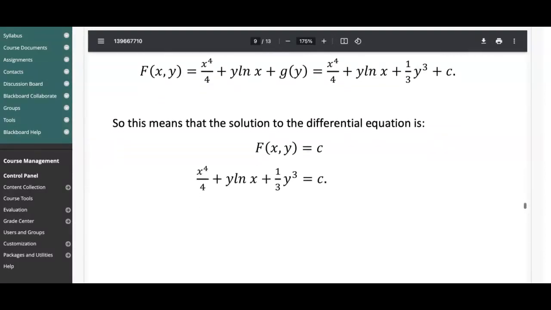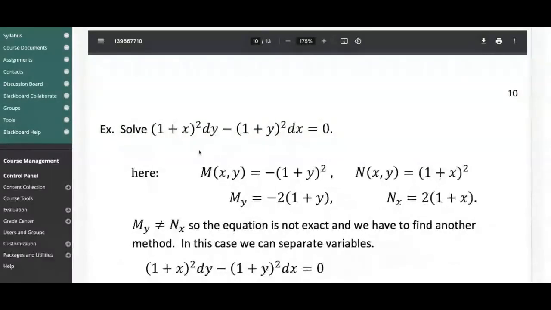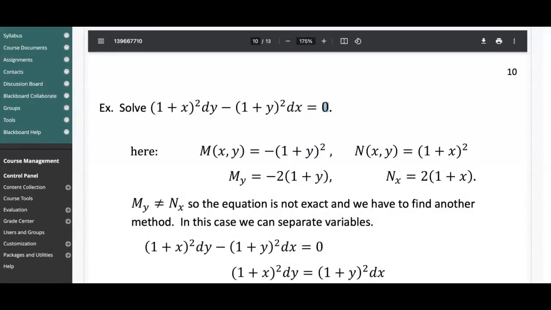All right, I think everybody's good. Now let's try this example. We see M dy minus N dx equals 0. Perfect form. Well, let's check to see if it's exact. If it's exact, the mixed partials have to equal each other.